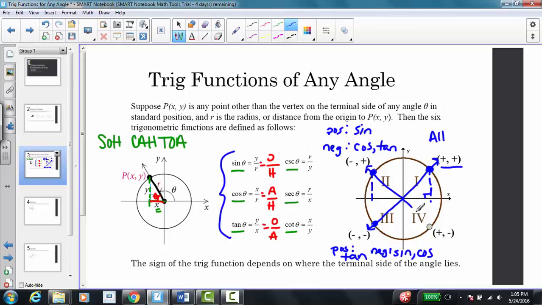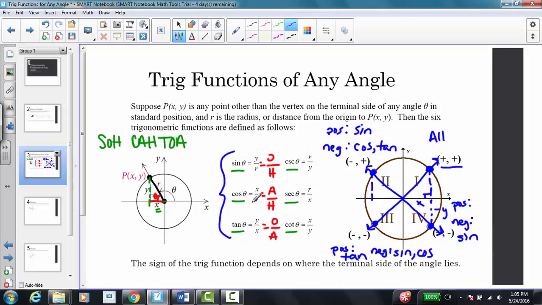And last but not least, if we look at the terminal side being in our fourth quadrant, a point here, we're going to have a negative y value and a positive x value. So as far as our trig functions go, if we have a negative y value, then sine is going to be negative.